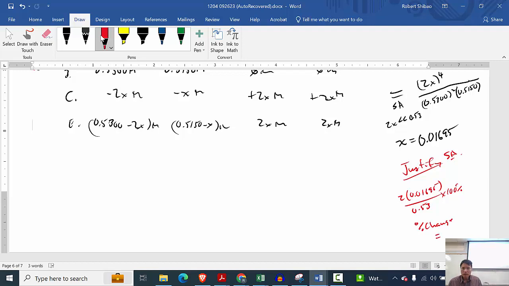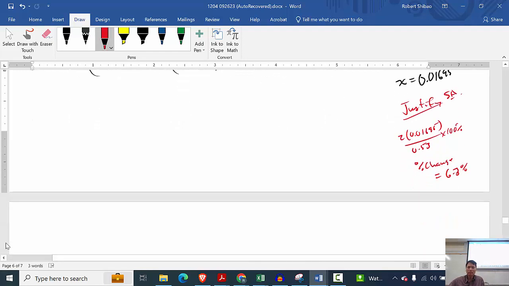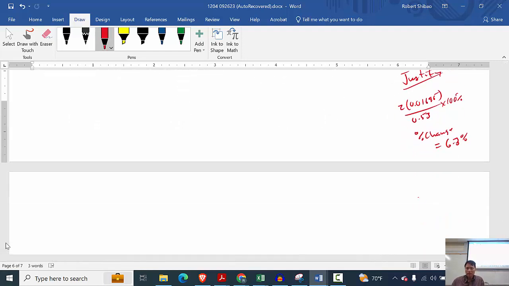The percent change is equal to 6.3%. 6.3% is over the limit. This is greater than 5%, so it's not justified.